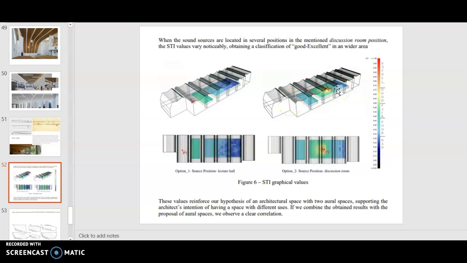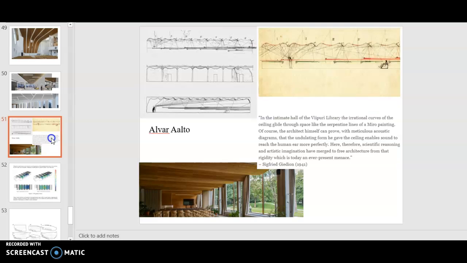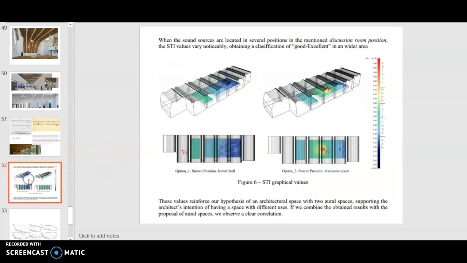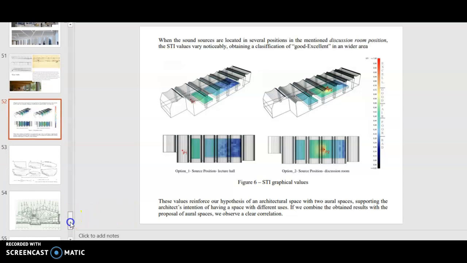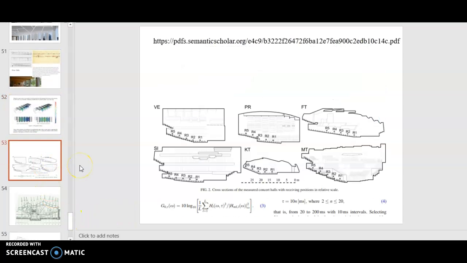So you've got multiple sources where the sound is going. And that's why he designed it with this in mind, so the sound goes both ways. Well, its effectiveness becomes far more complex. And this very exciting study, I put the source of it, shows how critical it is here.